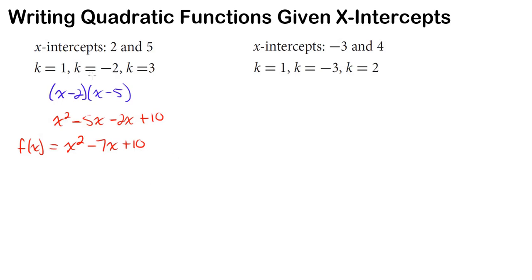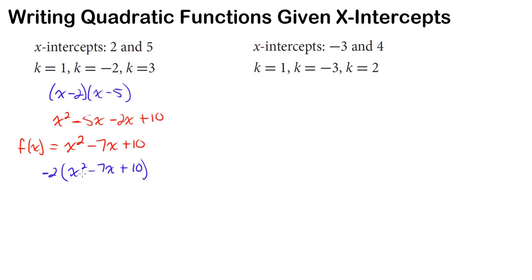So now what do we do if our k value is negative 2 or positive 3? Well, now we're going to have to take this x squared minus 7x plus 10, and we're going to have to distribute these k values. So if I take this x squared minus 7x plus 10, and now I make the k value negative 2, that means I need to distribute here.